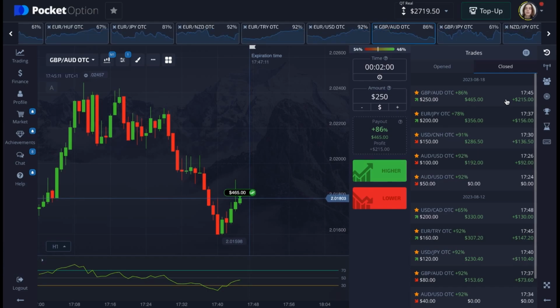This is great for opening a position. I see the completion of this transaction. This, perhaps, is the end of today's trading session, and I will sum up the results for today.